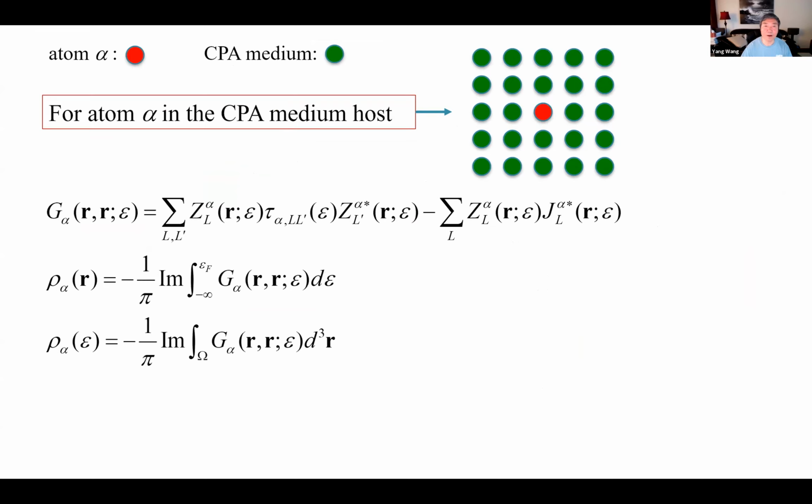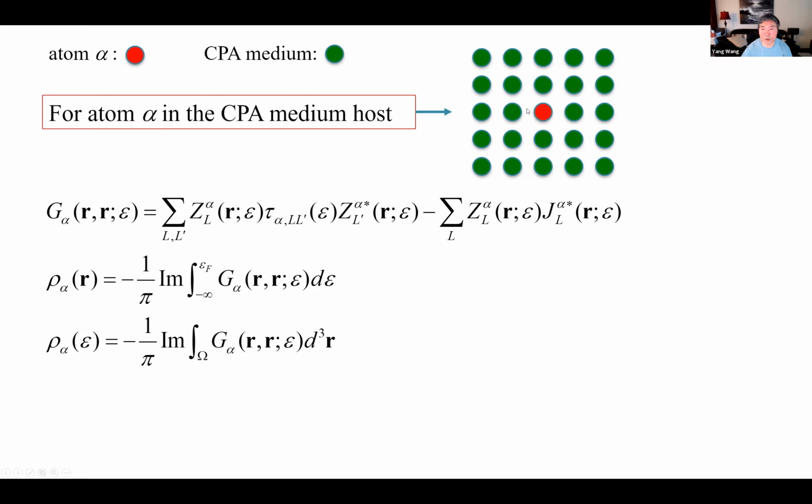So what we have next is, once we have TCPA, we can calculate the tau matrix, from the previous slide I showed you.